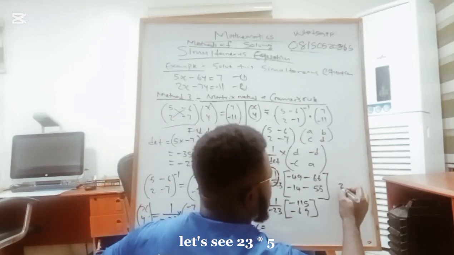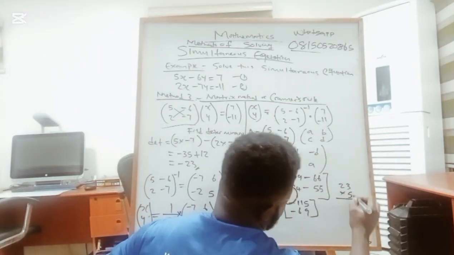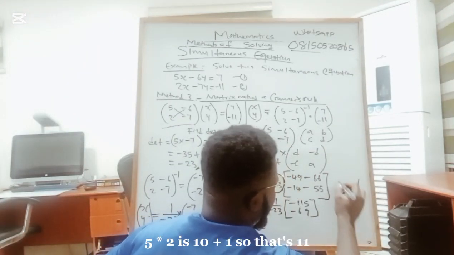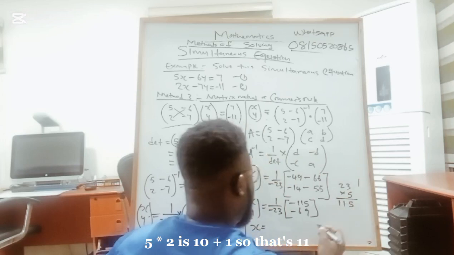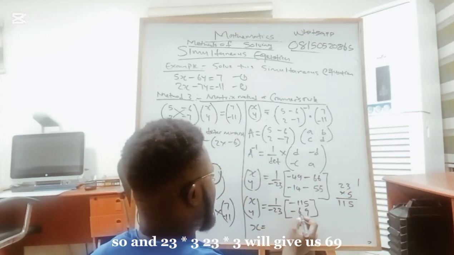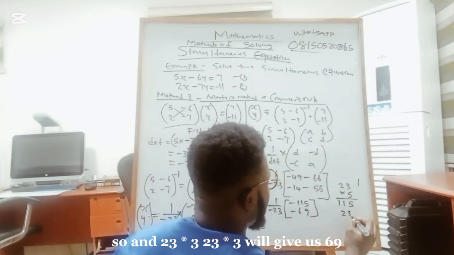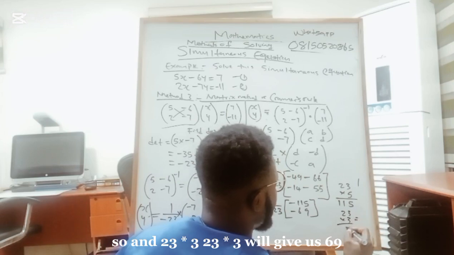Let's see, 23 times 5, 5 times 3 is 15, keep 1, 5 times 2 is 10, plus 1, that's 11. And 23 times 3 will give us 69.